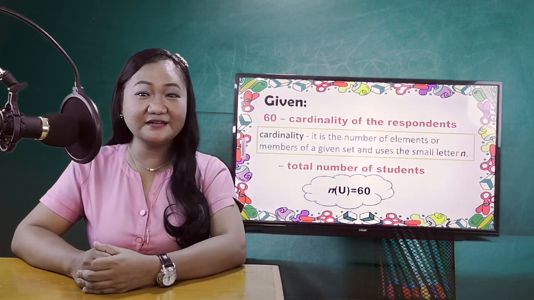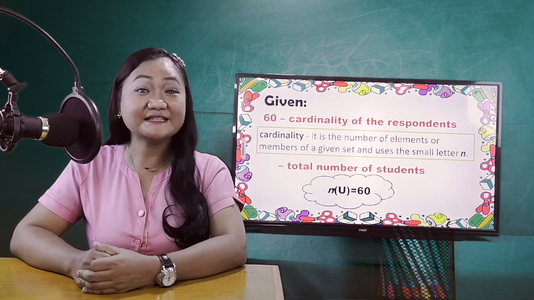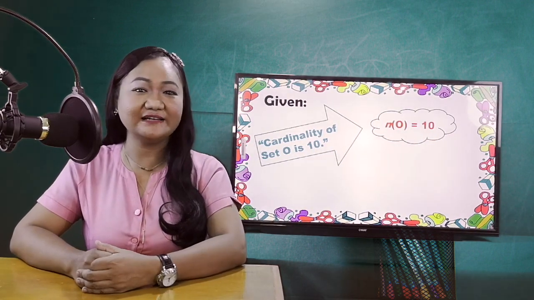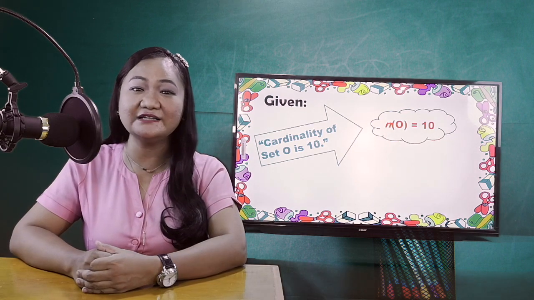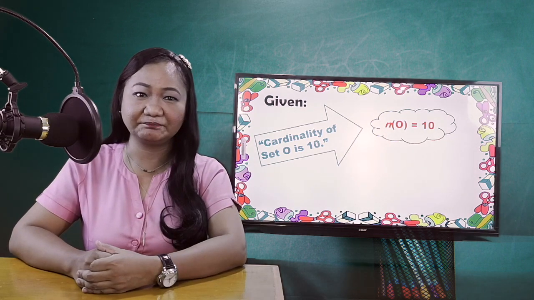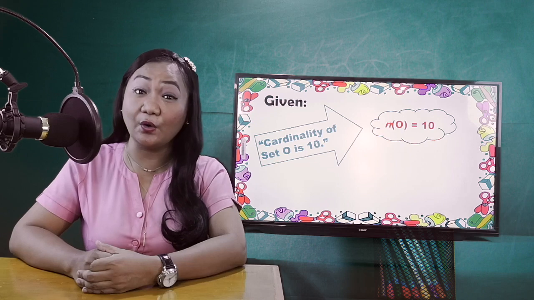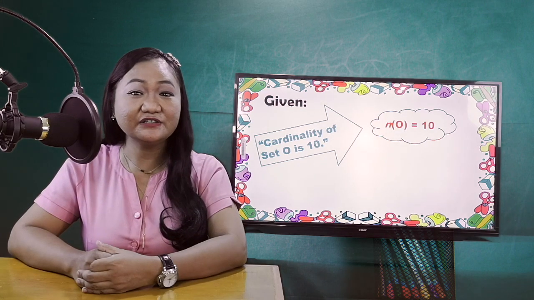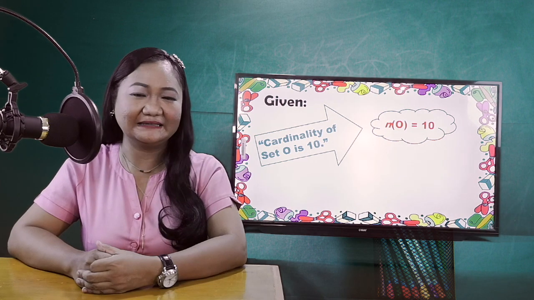What are the other given data? That's right, we have 10. This is the cardinality of the students who chose online as modality of learning. Use capital letter O for the set of students who chose online. In set notation, this is cardinality of set O is 10.